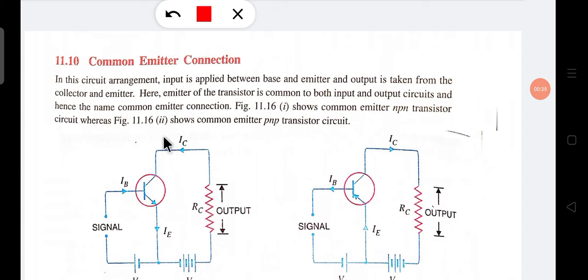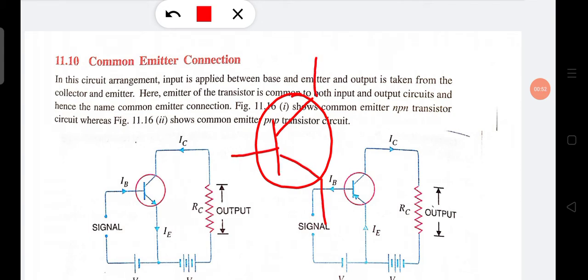Let's say this is the transistor. This is the collector, this is the base, and this is the emitter. Common emitter means the emitter is common for input and output.